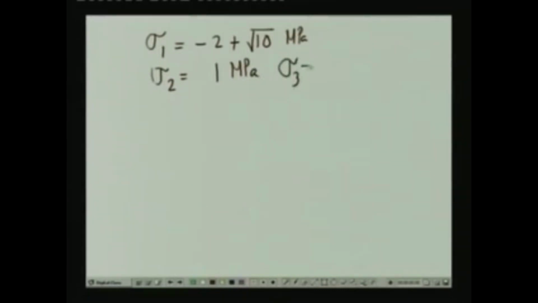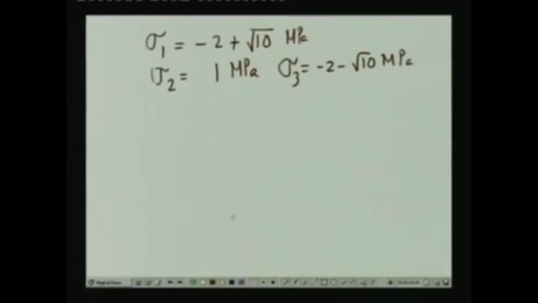We have sigma 1 equal to minus 2 plus root 10 MPa as the maximum principal stress, then sigma 2, the second principal stress, as 1 MPa, and sigma 3 equal to minus 2 minus root 10 MPa.